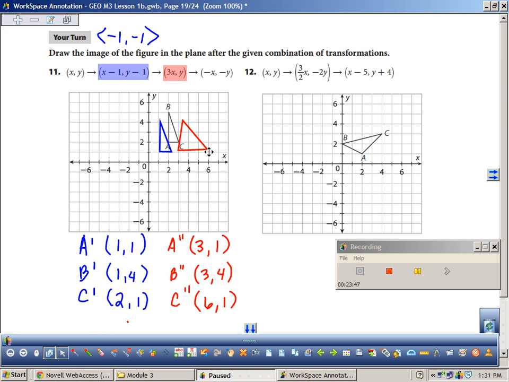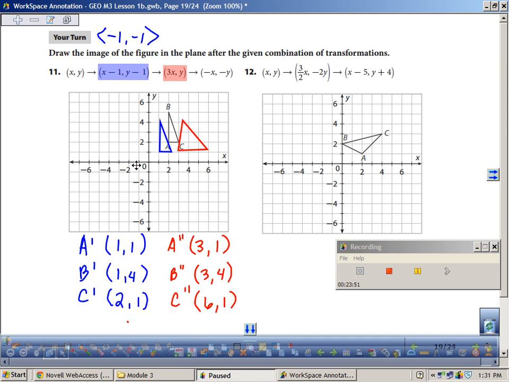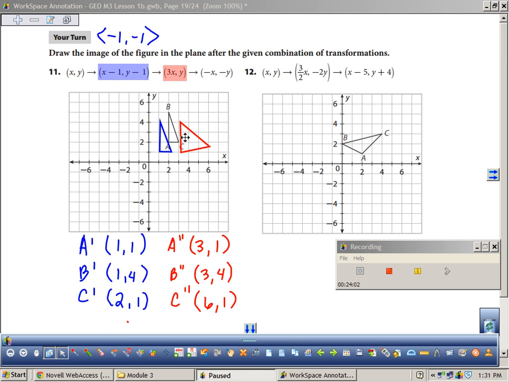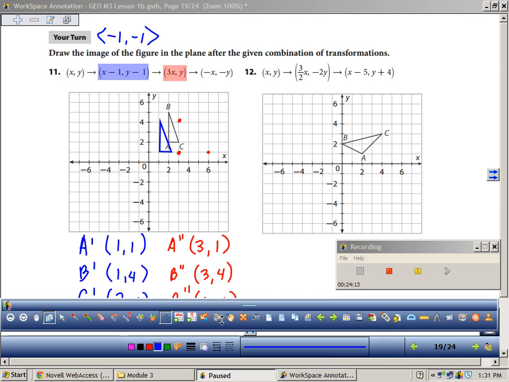Is that 6, 1 and what's the last one? 3, 4? Good job, guys. Yes, sir. Yeah, that's right.